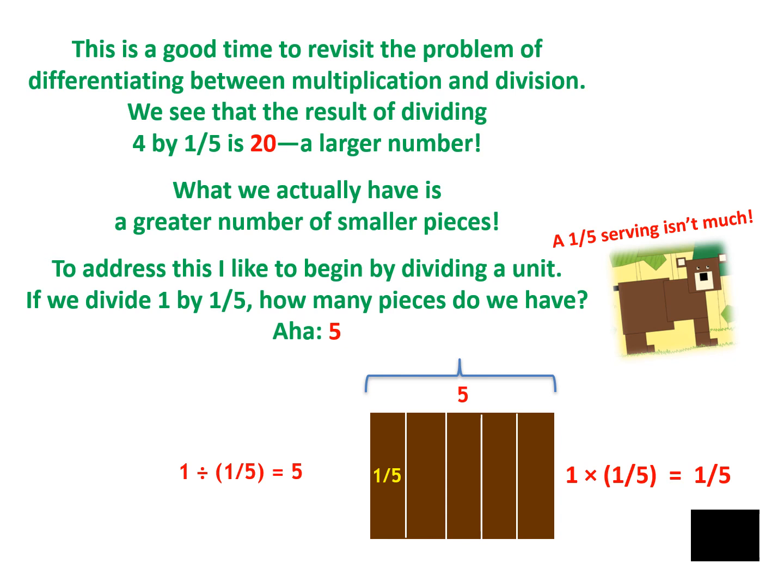To address this, as we did in the last slide, I like to begin by dividing a unit. If we divide a unit into 1/5, we have 5 pieces. 1 divided by 1/5 equals 5, a larger number of smaller pieces.